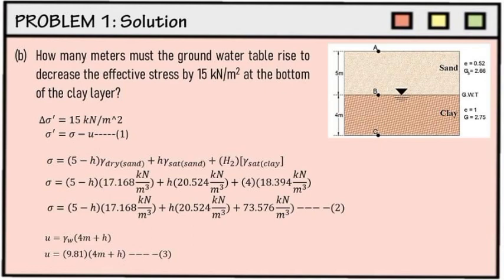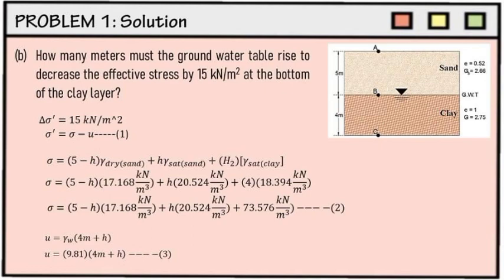So just substitute, we can get the quantity 5 minus H multiplied by 17.168 kilonewton per meter cube plus H quantity 20.524 kilonewton per meter cube plus 73.576 kilonewton per meter cube.